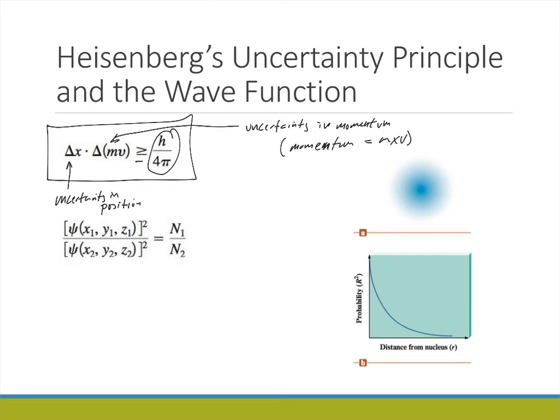Now, this fits into the wave function in that if you square the wave function in terms of position, x, y, and z coordinates, you get a probability density function.